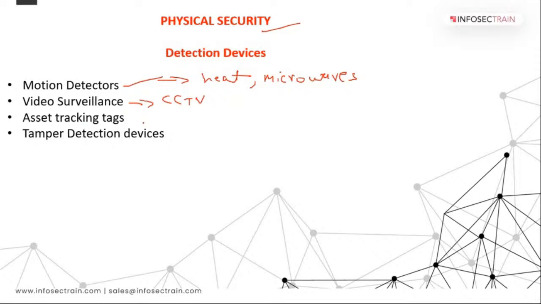Right. Now next we have asset tracking tags. So asset tracking tags have radio frequency identification, like when you purchase clothes, right? So in clothes we have some types of tags that need to be removed when you have purchased them, right?